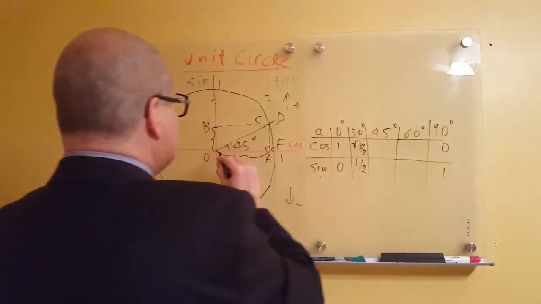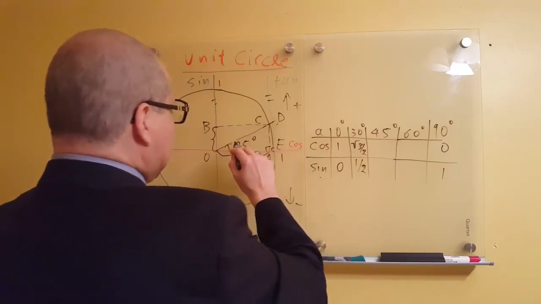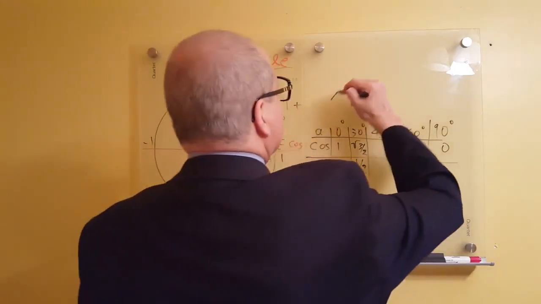So let's make this triangle here the OAC, but assuming that this here is 45 degrees.